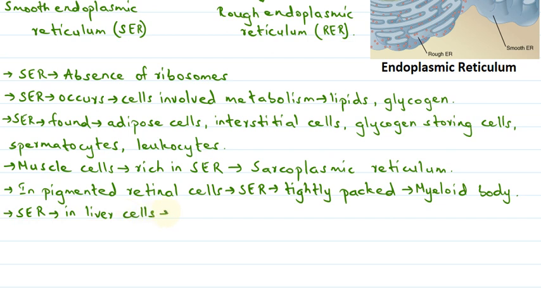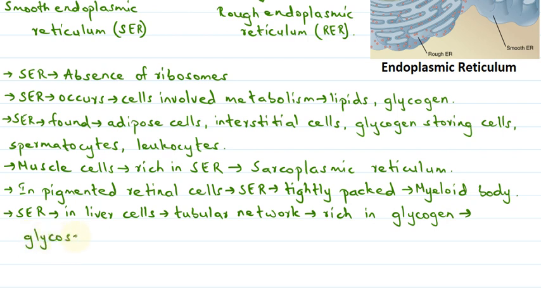Their morphology in liver cells is like a tubular network, and here it is rich in glycogen, and these are known as the glycosomes.